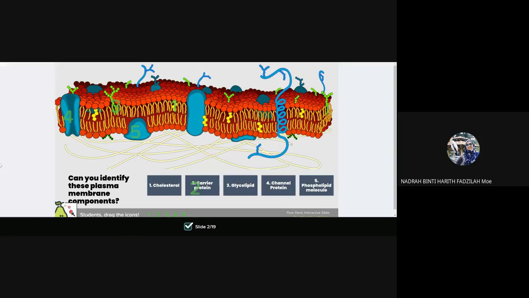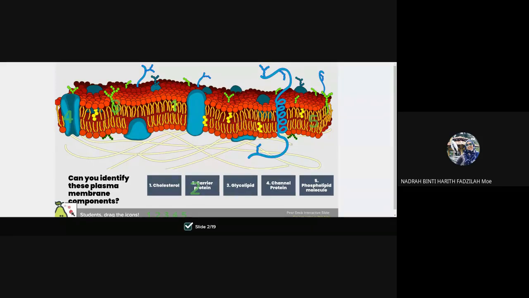Position dia betul, bagus. Okay, number 5 is phospholipid molecule. So phospholipid molecule is the structure with the red circle and yellow tails. Nak label mana-mana pun boleh asalkan memang kena pada kepala fosfolipid atau ekor fosfolipid.